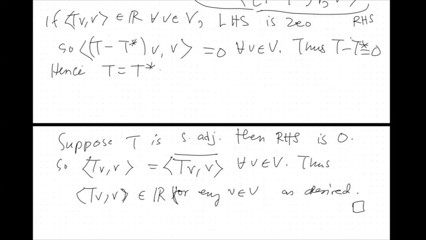So only for a complex inner product space V, a non-zero operator T might satisfy TV, V equal to 0 for all V. However, the next result will show that this cannot happen for a self-adjoint operator.